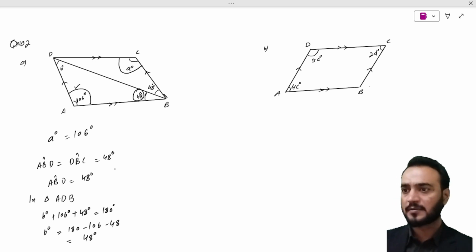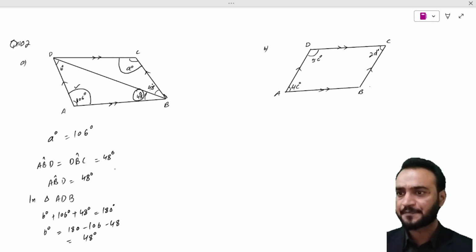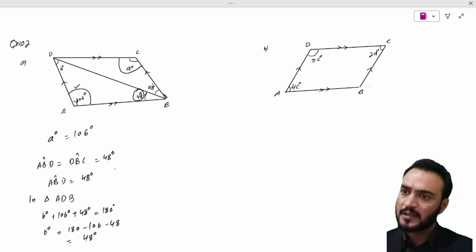So the value of B degree is 48 degrees. Now solving part B, you know, in a parallelogram, AB is parallel to DC, opposite sides are parallel. So AD is the line which acts as a transversal.